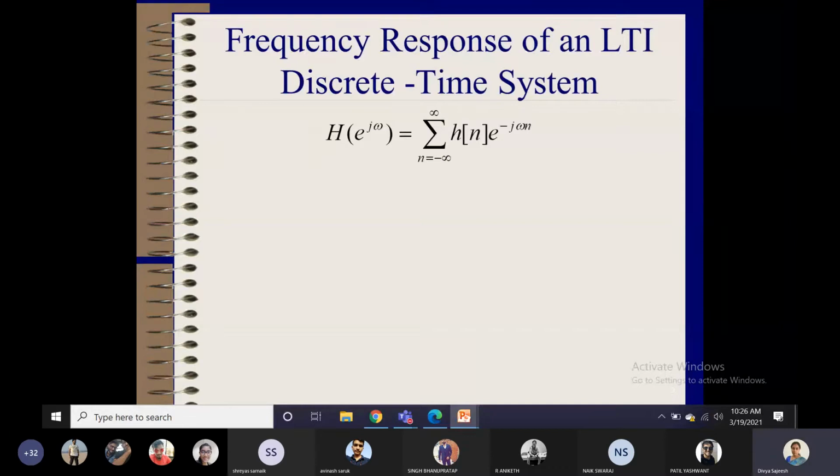So we learned to find the total solution of a system in the Z domain.